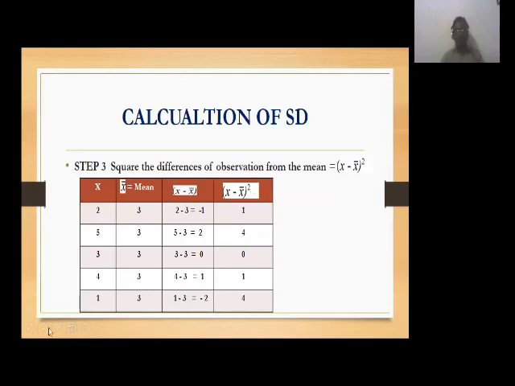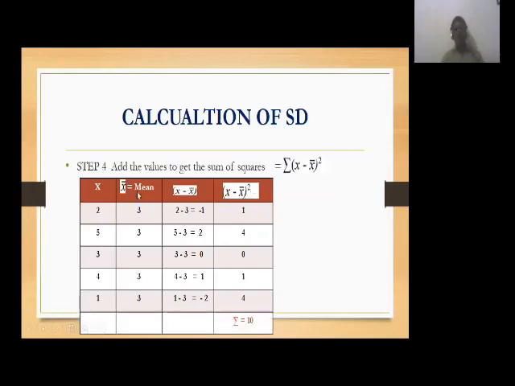Fourth step, add the values to get the sum: sigma x minus x bar whole square is 1, 4, 0, 1, 4. So 1 plus 4 is 5, plus 1 is 6, plus 4 is 10. So sigma x minus x bar whole square is total 10. Now we have completed the fourth step, and two steps more to find the standard deviation.